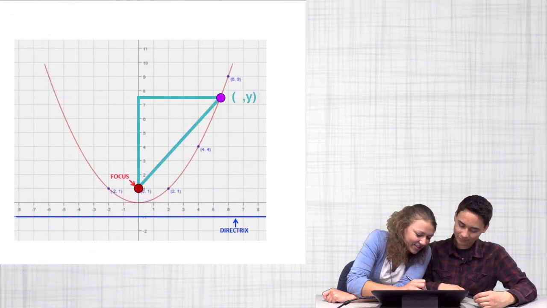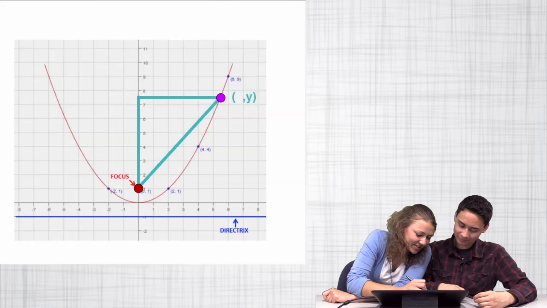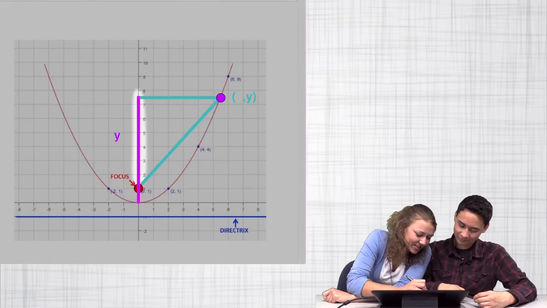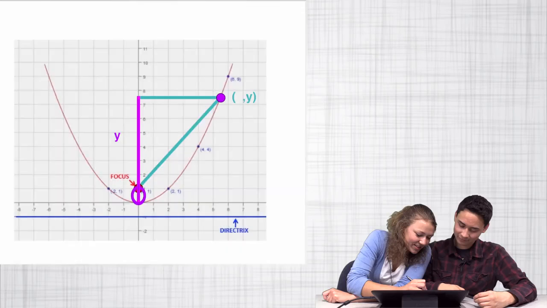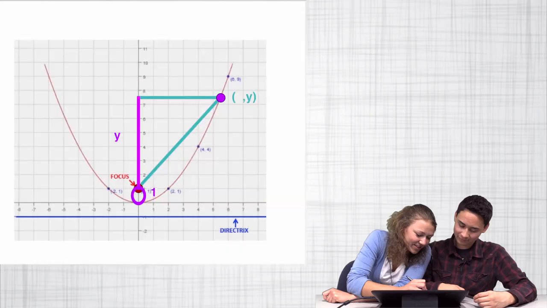Sasha explained one way to think about the length of this side of the right triangle. The distance all the way to the x-axis is y units. But the distance we are interested in stops at the focus. As Sasha put it, the focus is 1 over the x-axis, so you remove this 1 unit from the line that is y units long. What is left is the side of the right triangle that we are interested in, and that side is y minus 1 units long.